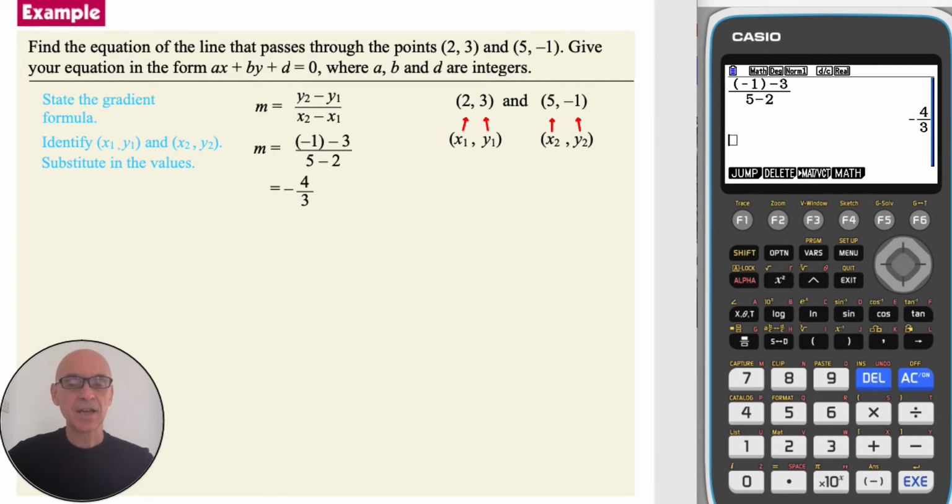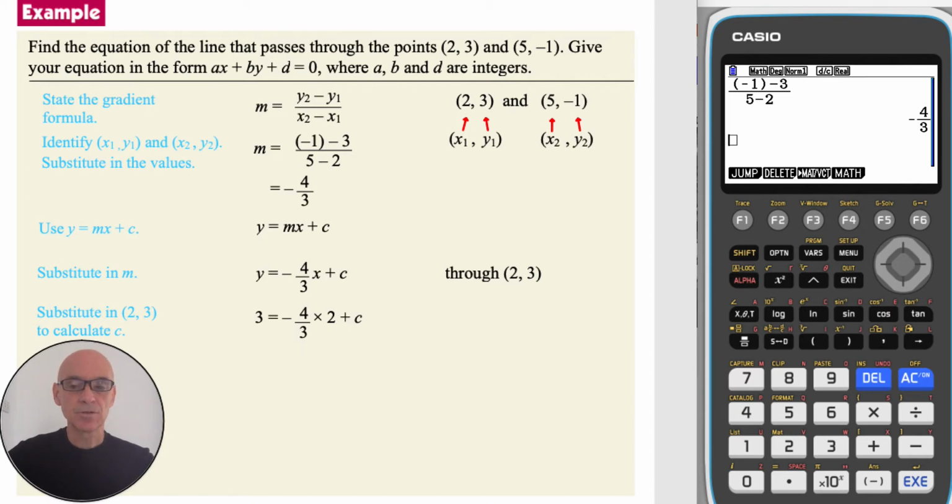Given a gradient m of -4/3, we can then use the formula for a straight line, y equals mx plus c, substituting in our value of m and substituting in one of the points that the line passes through.